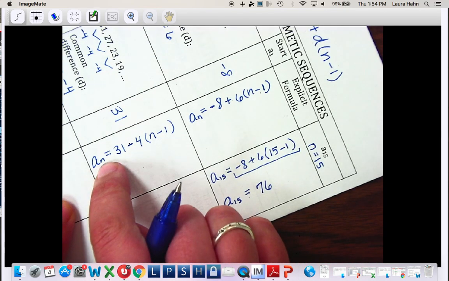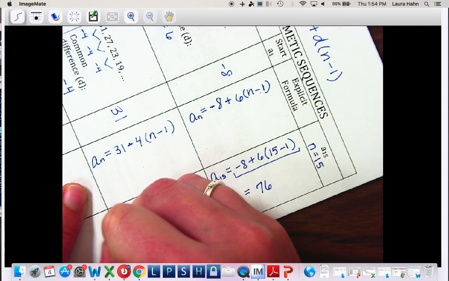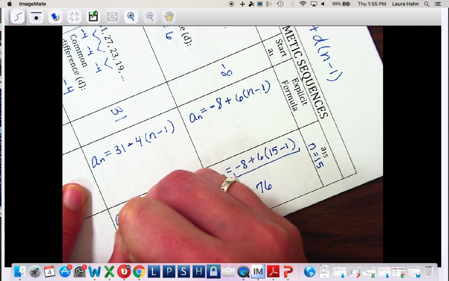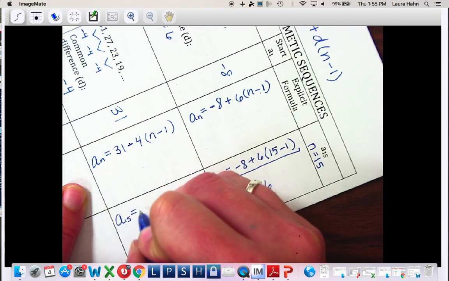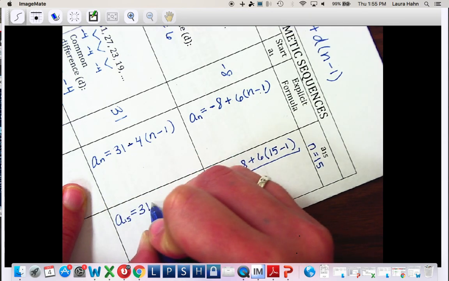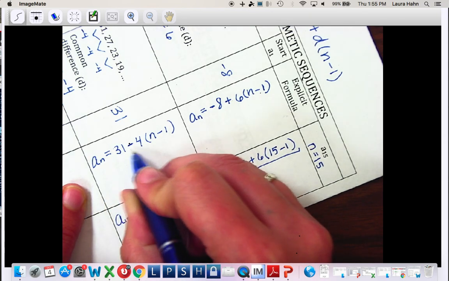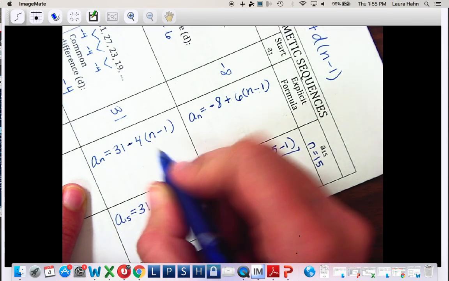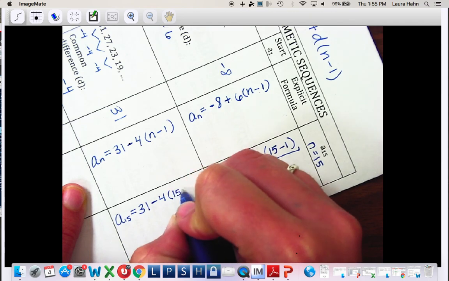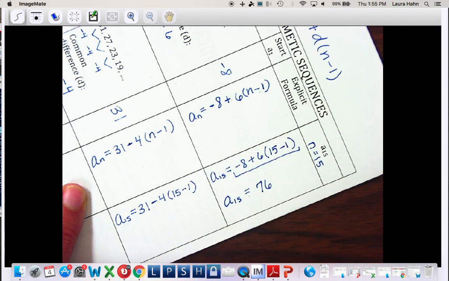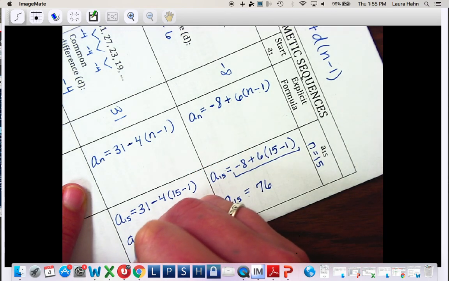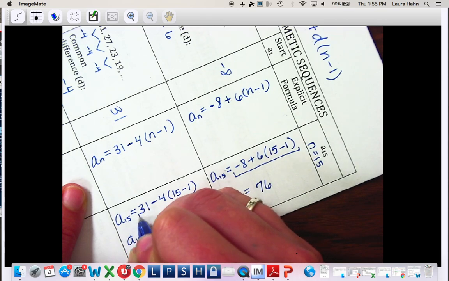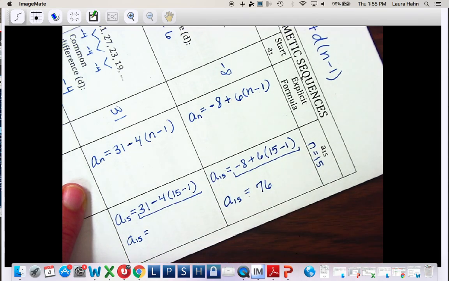So I'm going to put A sub 15, which will be equal to 31, where we started, minus 4, parentheses, 15 minus 1. Now all I have to do to find my 15th term is take all of this and type that into the calculator.